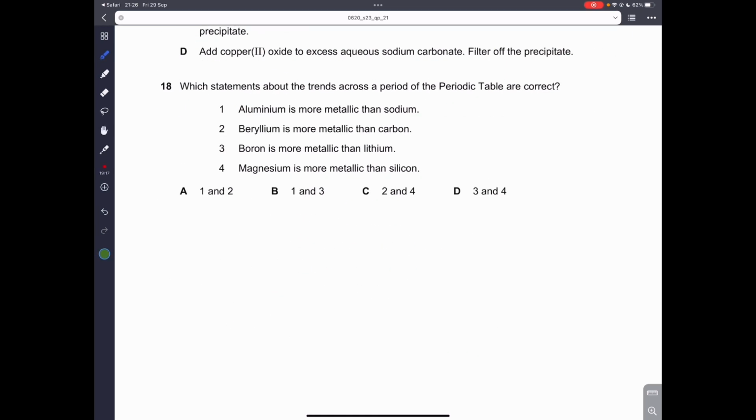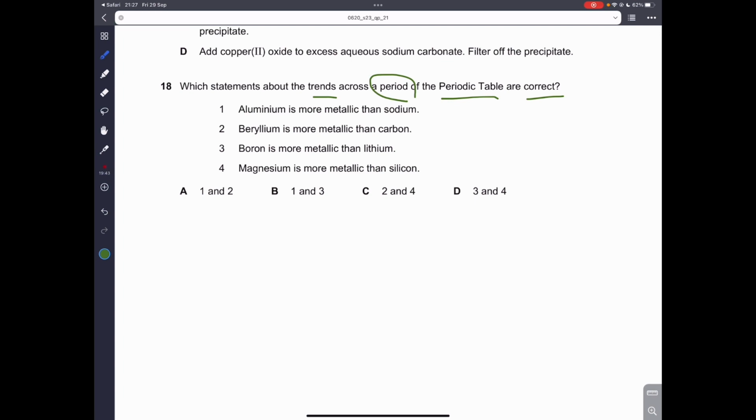Question number 18. Which statements about trends across the period of the periodic table are correct? 1: Aluminum is more metallic than sodium. 2: Beryllium is more metallic than carbon. 3: Boron is more metallic than lithium. 4: Magnesium is more metallic than silicon. For this question, they are asking whether you really know the groups and the trends.